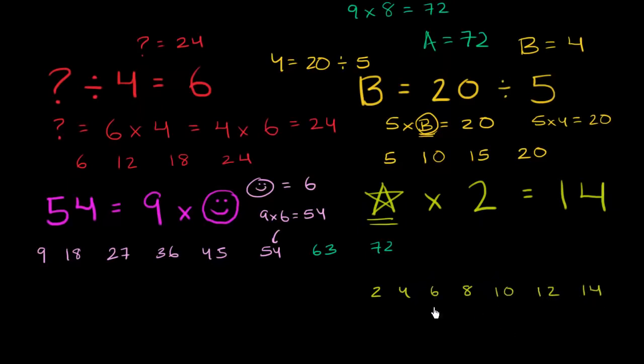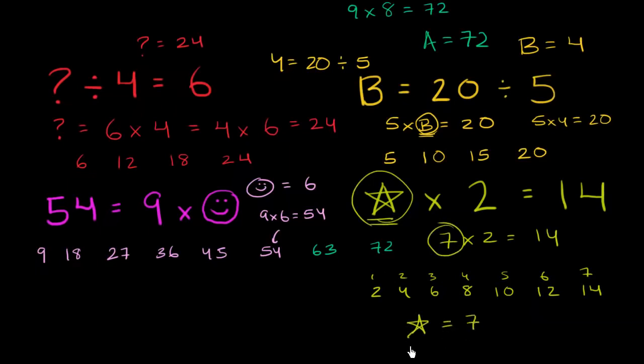So how many times did we have to multiply 2 to get to 14? 1, 2, 3, 4, 5, 6, 7. 2 times 7 is 14. So if I wrote 7 times 2 is equal to 14, this is absolutely true. So star must be equal to 7.